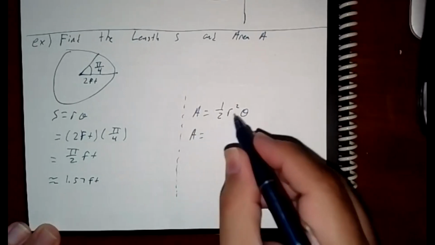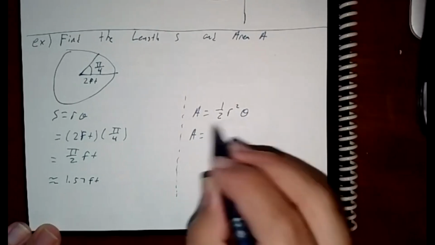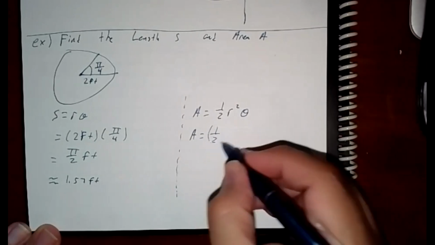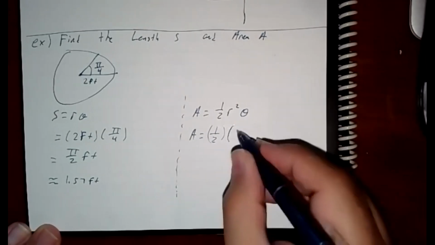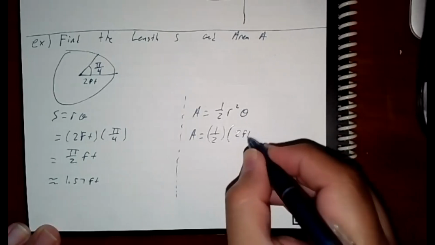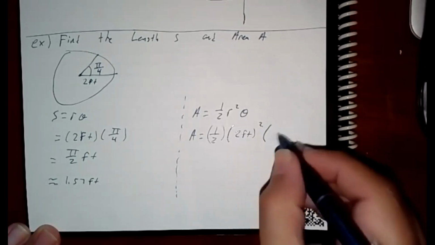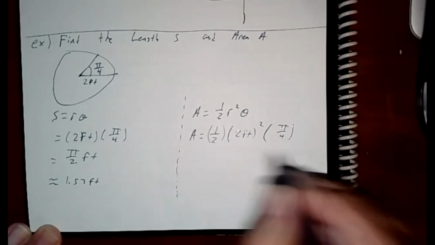So now this one, just plug in the R and the theta. Theta must be in radians. So if it isn't, convert it using the factor. So R is 2 feet squared times pi over 4 radians.